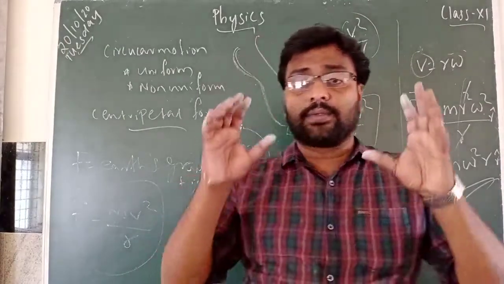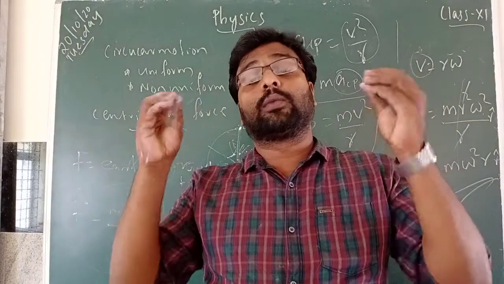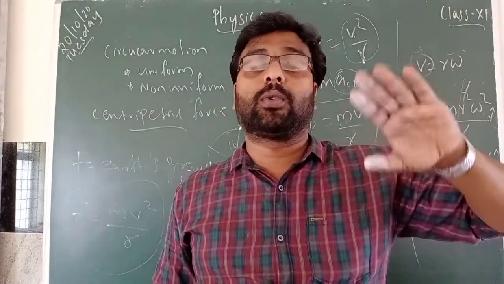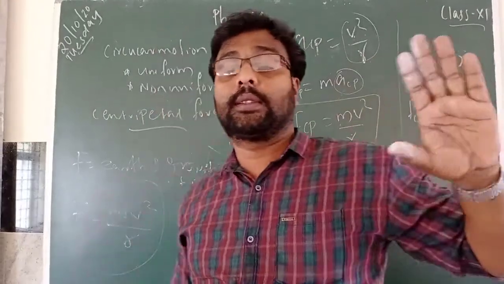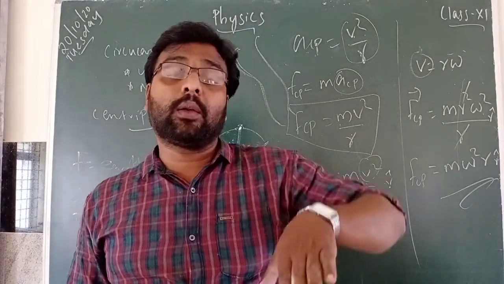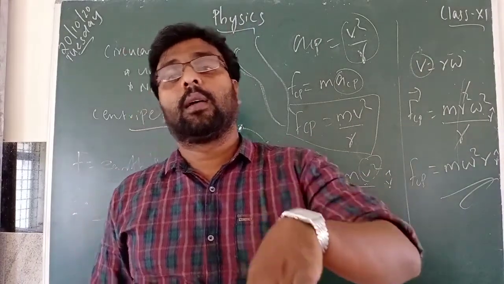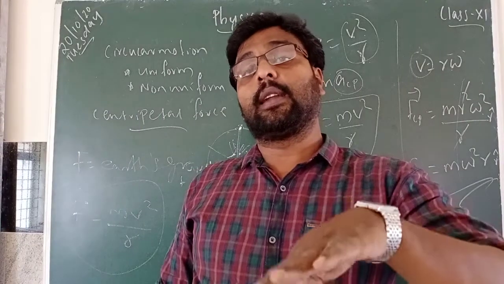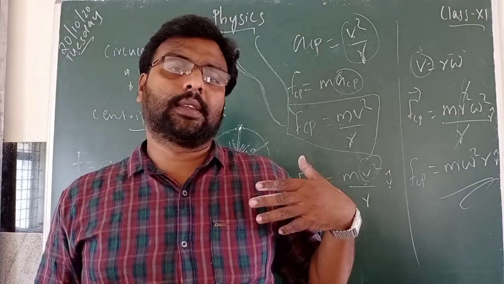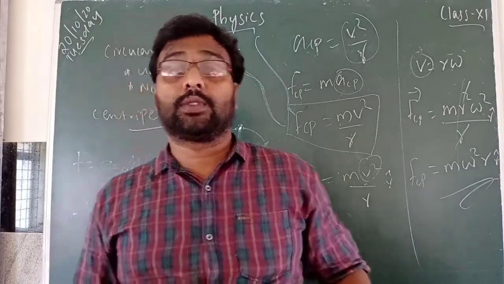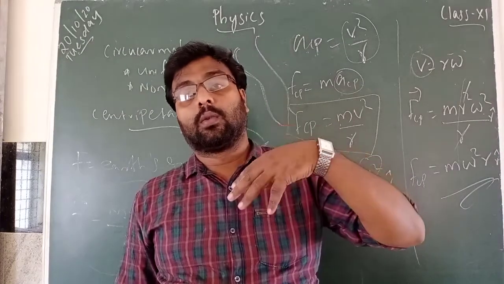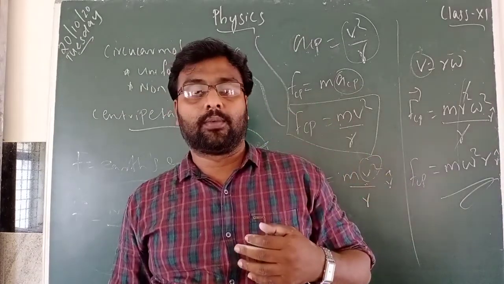It is very important to know where the centripetal force comes from. The centripetal force is not like the normal force, gravitational force or tension. It is provided by the gravitational force, tension or frictional force. Some cases are given. First, the whirling motion of a stone: tension provides the centripetal force.